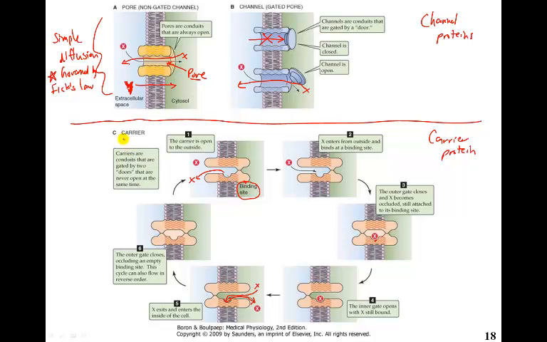Whereas flow through a carrier protein is actually not governed by Fick's law. This is what's called facilitated diffusion.